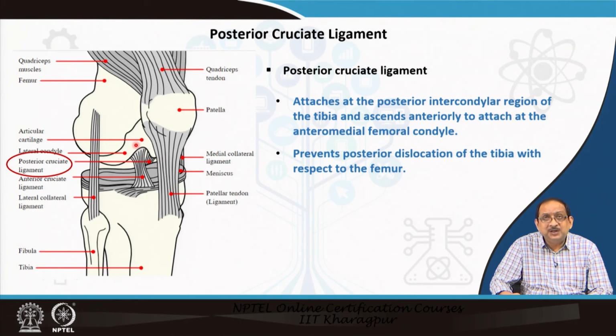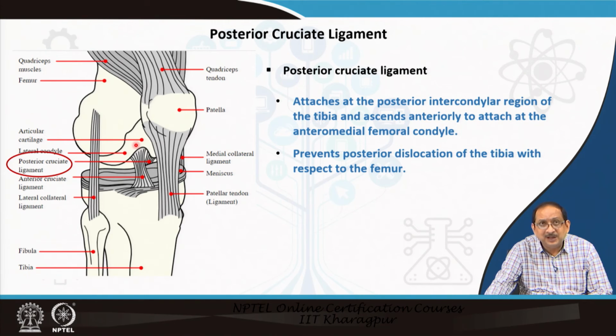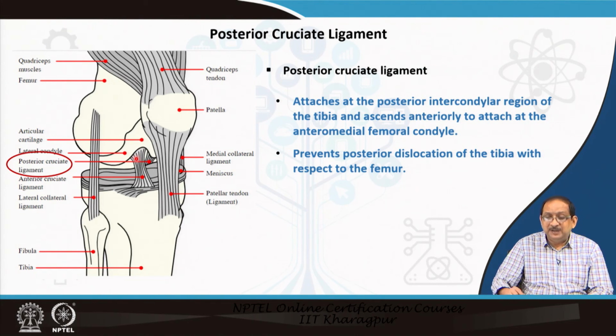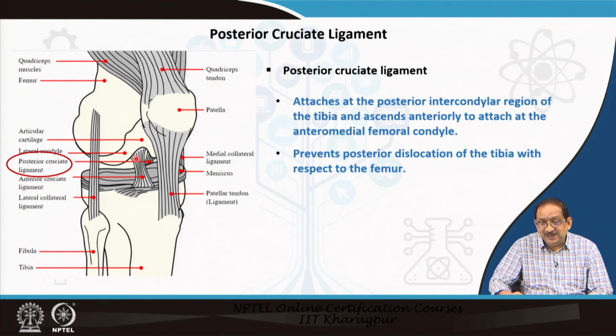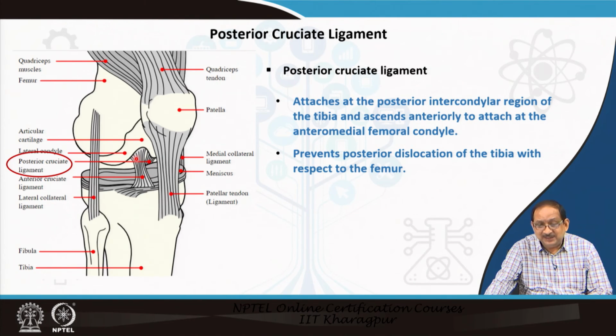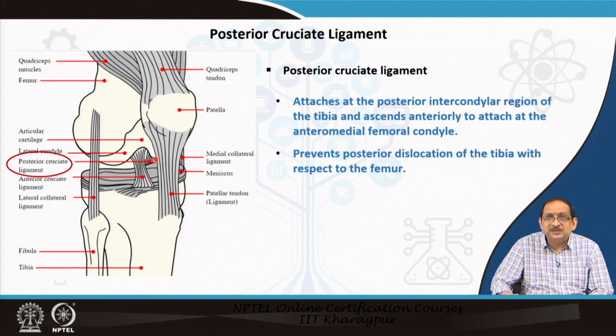The posterior cruciate ligament, on the other hand, attaches at the posterior intercondylar region of the tibia and ascends anteriorly to attach at the anteromedial femoral condyle. It prevents posterior dislocation of the tibia with respect to the femur.